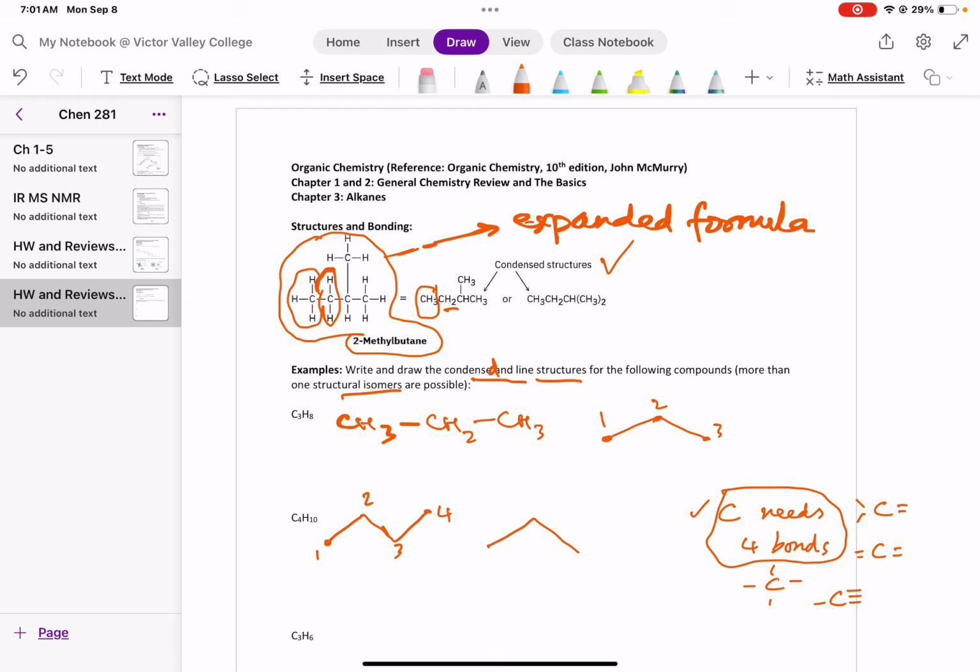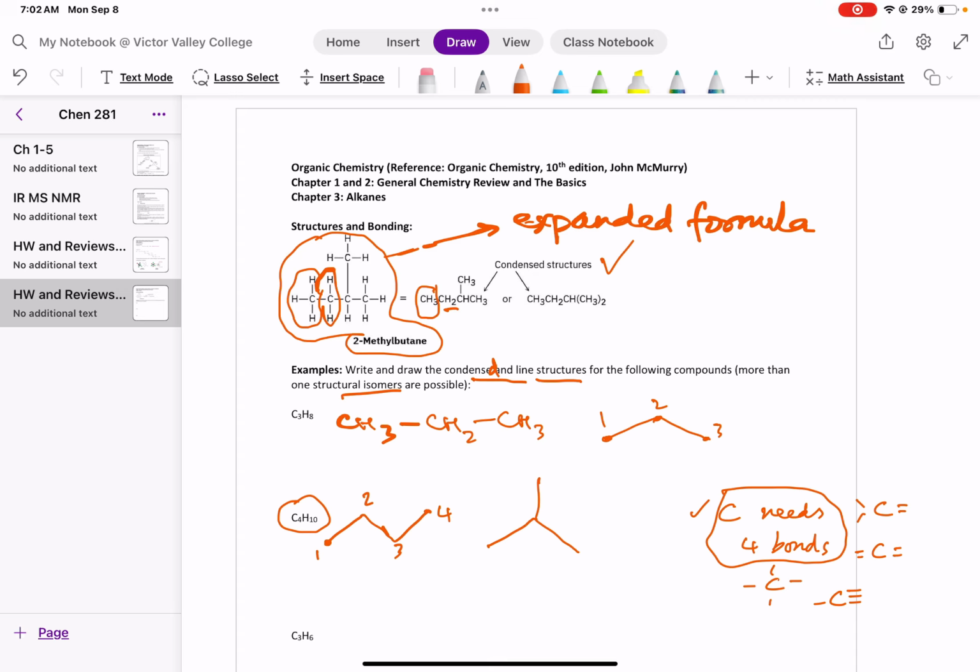Instead of drawing number 4 the same, we're going to break number 4 and put it right in the middle. That will make another isomer, known as a structural isomer. In order to draw a structural isomer, it has to have a different bonding sequence. Therefore, it has to be a different molecule, but they share the same molecular formula.